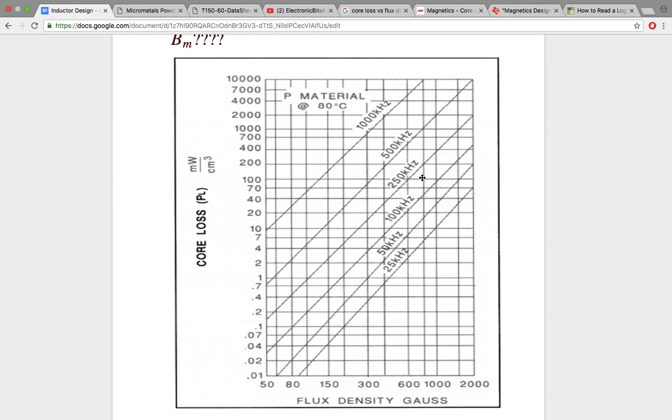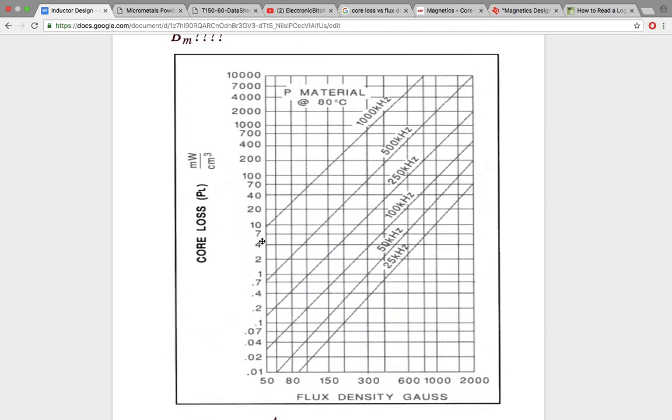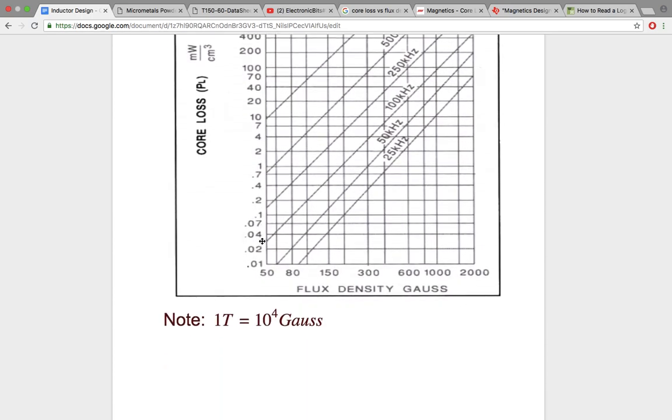You see where it is intersecting and choose that as your flux density, that is BM. So for 250 kilohertz it is intersecting around 600 Gauss, which you can choose as BM. But you don't have to choose 100 milliwatt per centimeter cube only. You can go higher or lower according to the thermal management of your PCB or power converters. This is one method to find BM, which is very effective.